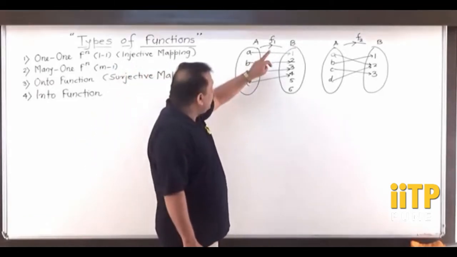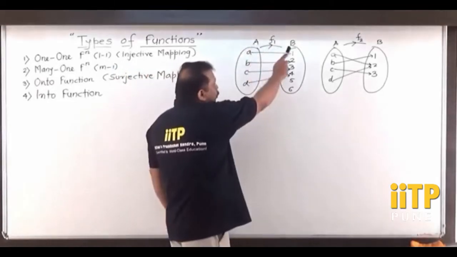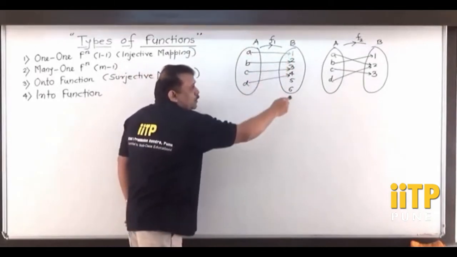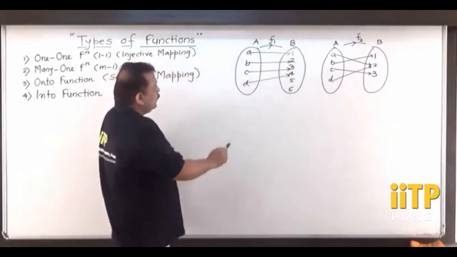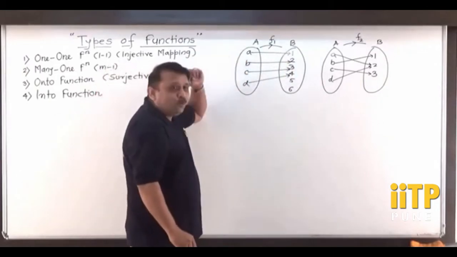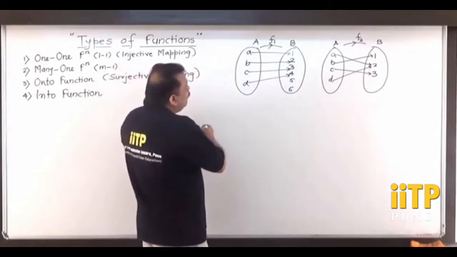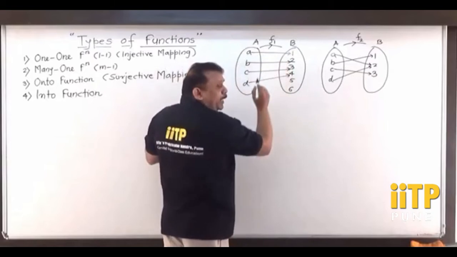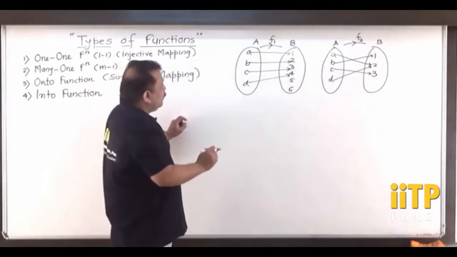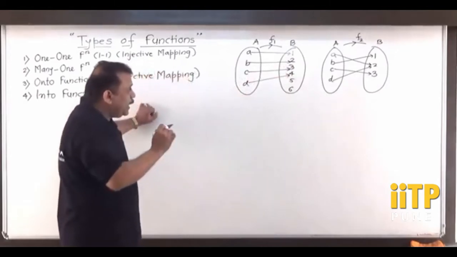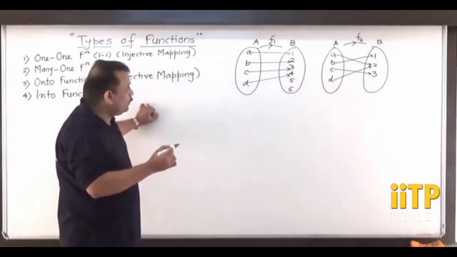F1 is a function defined from the set A to the set B. This is the domain of the function, this is the codomain of the function. a, b, c, d are the elements of the domain. Now every element in the set A is related with 1 element. a is related with 1, b is related with 2, c is related with 3, and d is related with 4.